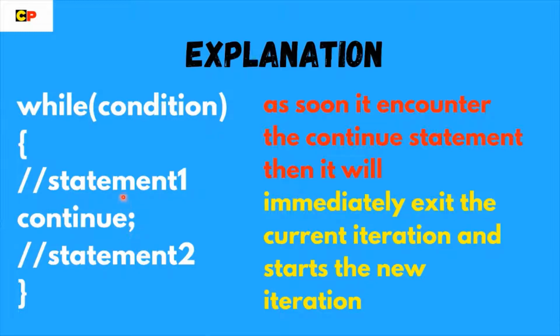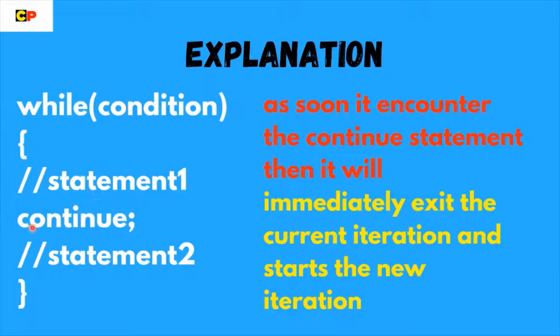Now consider that we have the continue statement, which is scenario number 2 for this video. How does this while loop execute? Suppose the compiler comes here, at the while, and checks the condition. If the condition is true, it will come inside the while loop and execute statement 1.